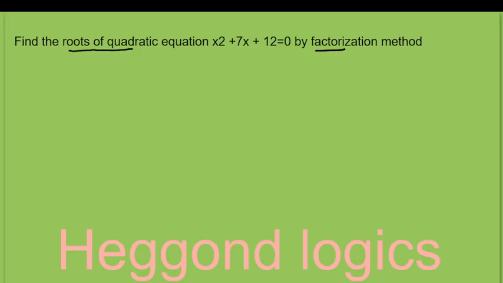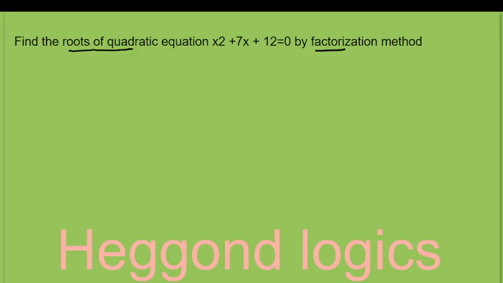This is similar to finding the value of the zeros. Already we studied in the polynomial chapter how to find the roots and how to find the zeros. Here also it is the same thing. But this is a quadratic equation, and in the polynomial chapter we also found the zeros by the factorization method.